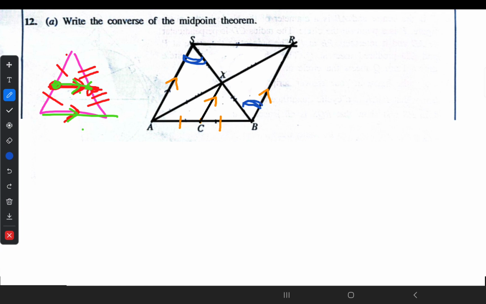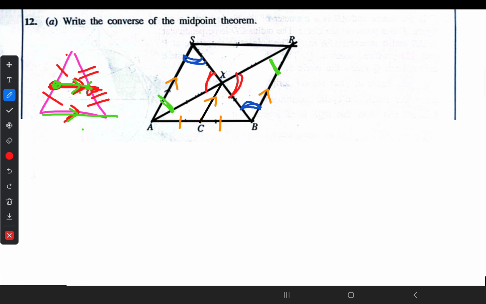This angle and this angle both are equal because those are alternate angles. Similarly, look at this. So here also we know another one. This one and this one are also the same. This one and this one are also the same, because they are vertically opposite angles.